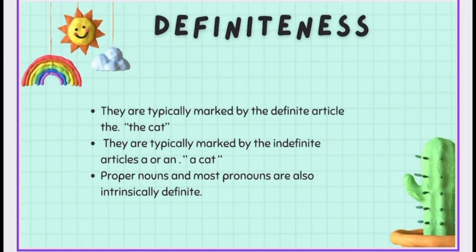They are typically marked by the indefinite articles a or an: a cat, a book. Proper nouns and most pronouns are also intrinsically definite. This means that they do not need an article to indicate definiteness: London, I, you, he.